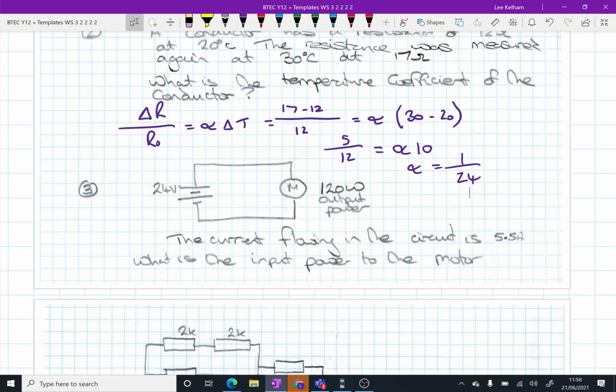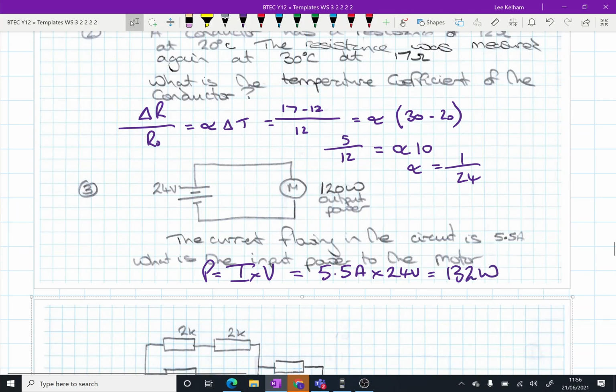Okay. So we've got a circuit here, 120 watt output power for the motor. We want to know what the input power is. Power is equal to I times V. So we've got 5.5 amps multiplied by 24 volts gives us 132 watts.